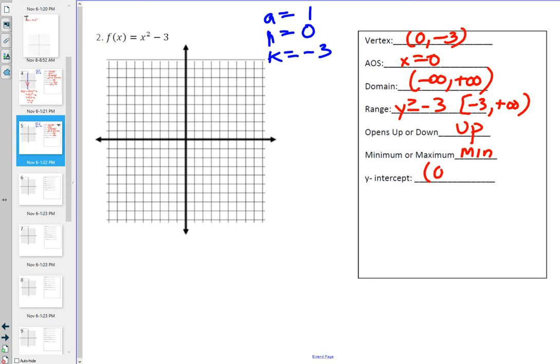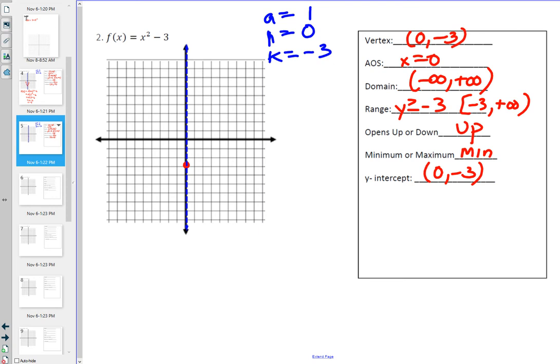That creates a problem, because how many points do I need to graph? How many do I have? Just 1. I need 2 more. I put this point here, but this point is not only the y-intercept, it's also my vertex. So I don't have anything to flip over the mirror.